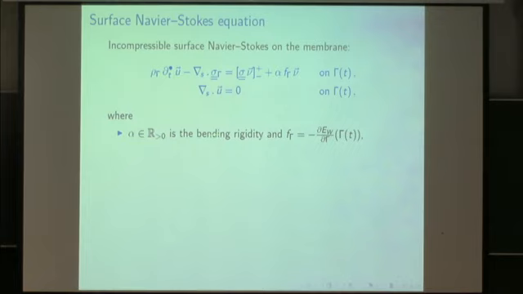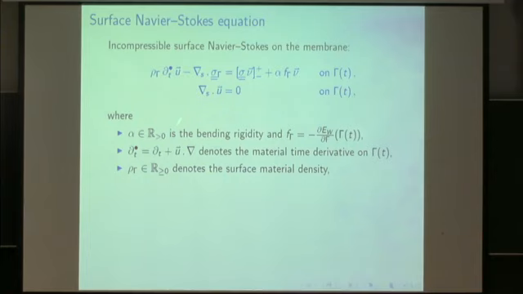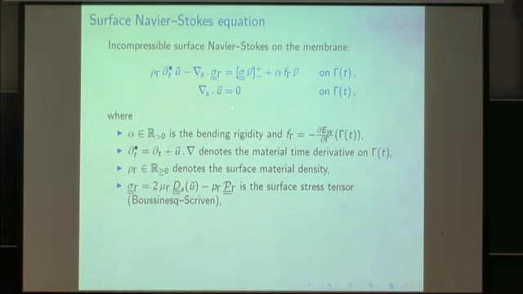So here alpha is the bending rigidity. This derivative is the material derivative on the surface, which is the appropriate time derivative for an evolving interface. We've got the density of the surface material, rho gamma. This is the surface stress tensor, which goes back to work by Boussinesq and Scriven.